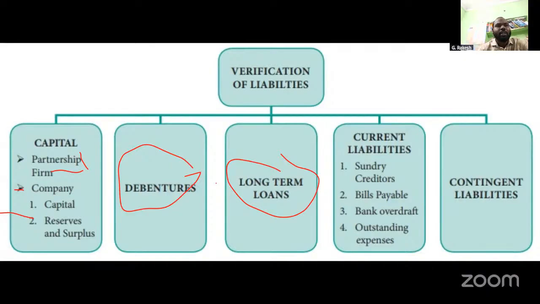Already we discussed the current liabilities in the previous class, in the previous slides: sundry creditors, bills payable, overdraft, and outstanding expenses.